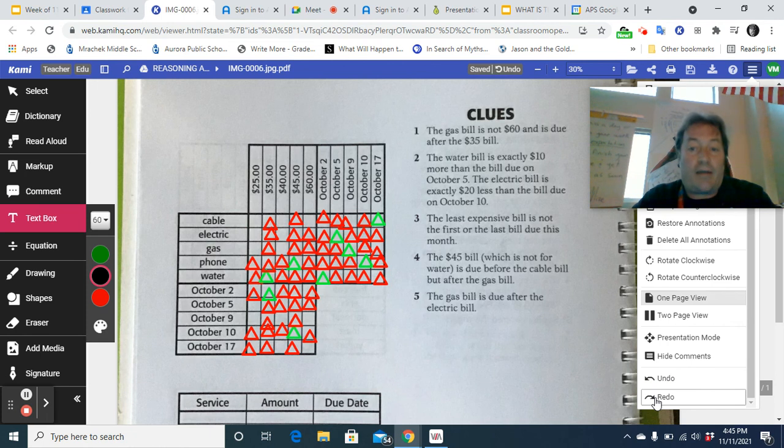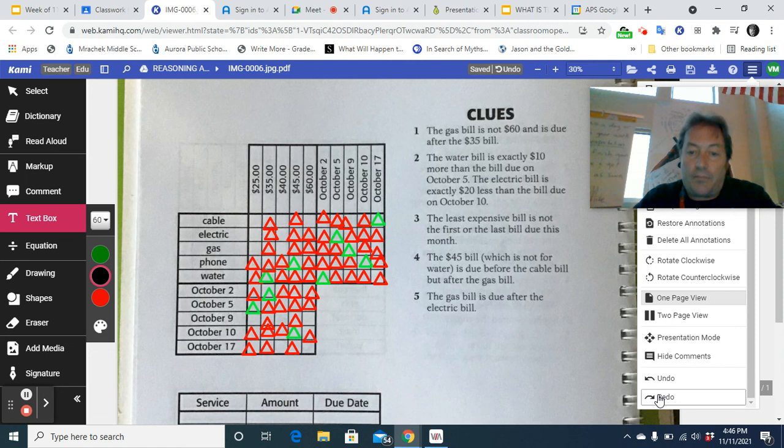Now we can go and look back at some of these things about who's $10 more and fill out a little bit over here on the left, which will eventually get us up here. So if the gas bill is $10 more than the bill due on the 5th, then the 5th has to be that water bill, which is due on the 2nd.